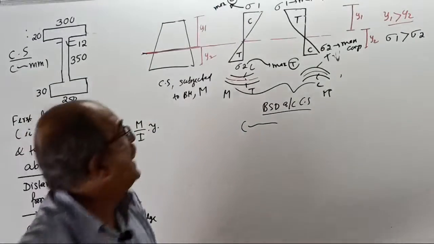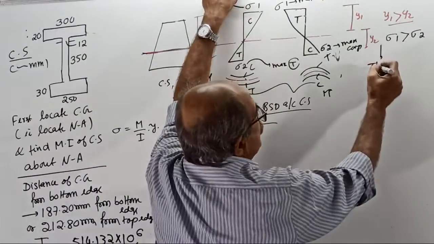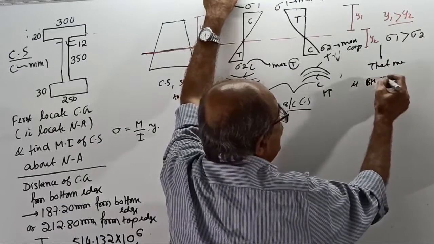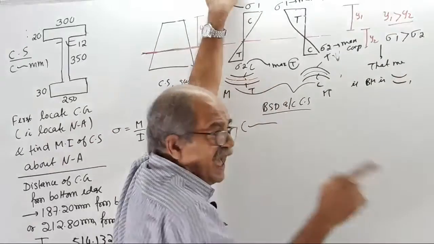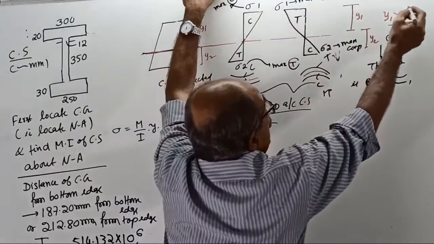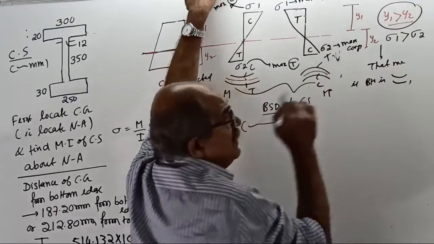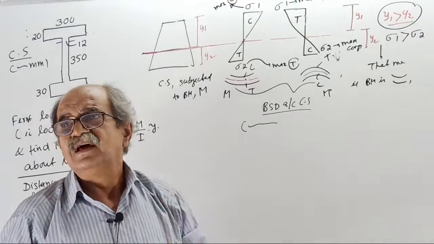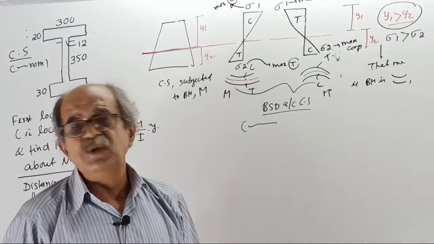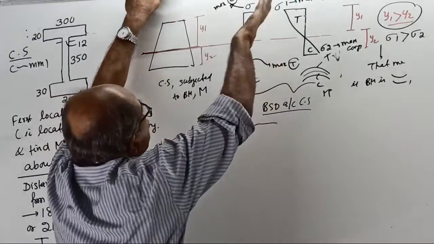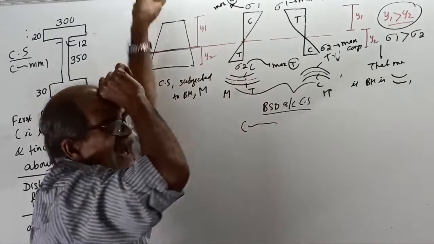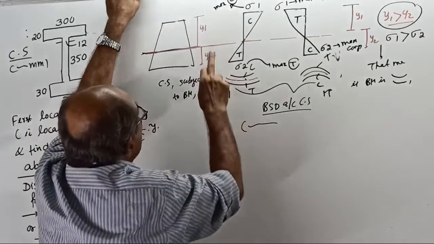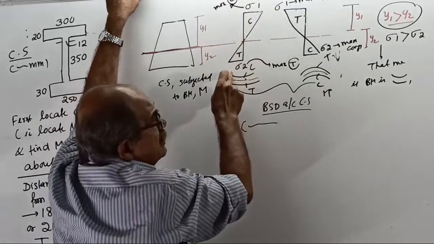Okay. That means if the BM is sagging, then when y1 becomes more than y2, tell me, will the maximum bending stress be in compression or tension? Where will the maximum stress come? See here, whether it is sagging or hogging, irrespective of that, if y1 is more than y2, sigma 1 is more than sigma 2.